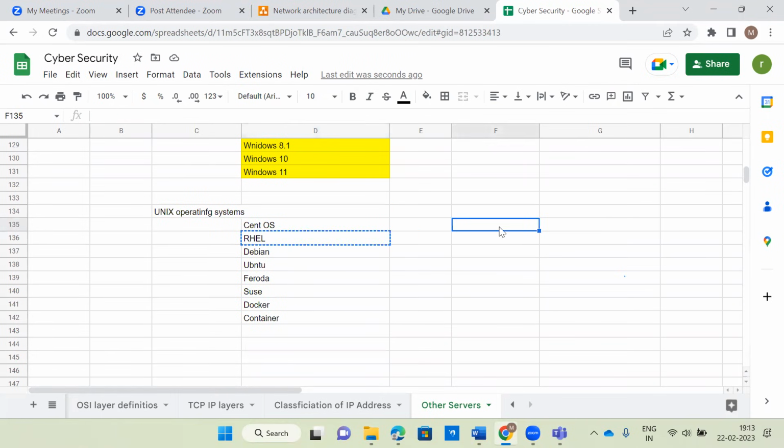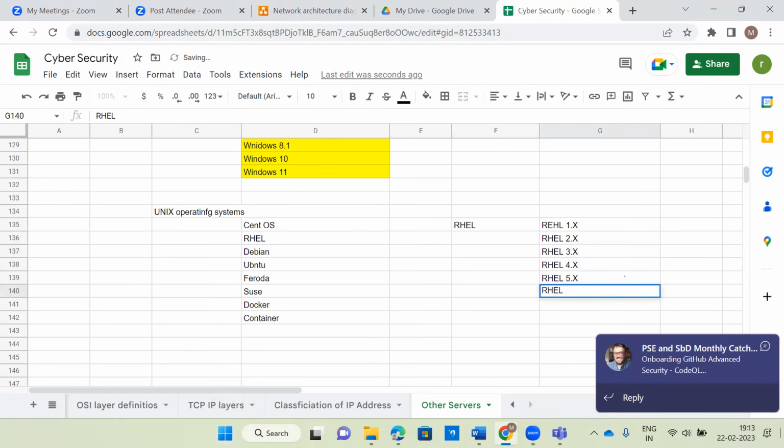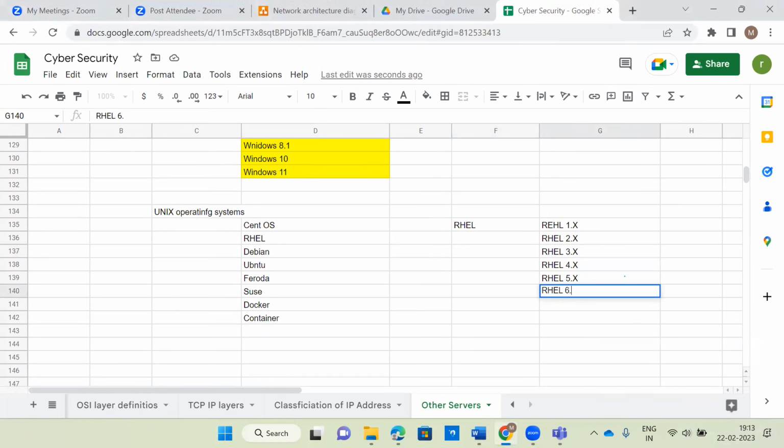Under RHEL, we have different operating system versions: RHEL 1.x, RHEL 2.x, RHEL 3.x, RHEL 4.x, RHEL 5.x, RHEL 6.x, RHEL 7.x, RHEL 8.x.